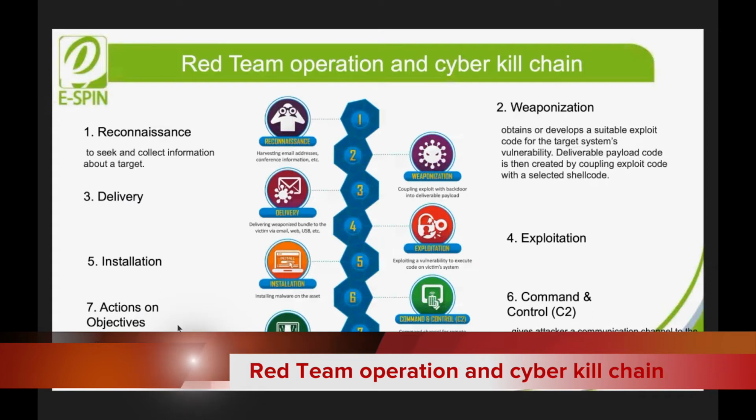It includes recon to get the correct information, then weaponize, to develop a suitable exploit code for the target system, then deliver the payload, choosing the delivery means such as email, web, USB, all those things.